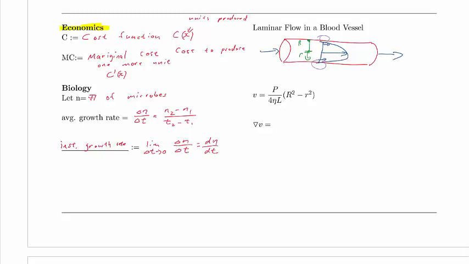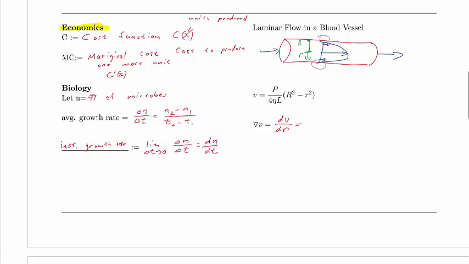One way we find how much friction is acting against the artery walls is we have to find the velocity gradient of this velocity profile here. That's just a fancy way of saying the change in velocity per change in position. And so we just take the derivative of this guy right here.